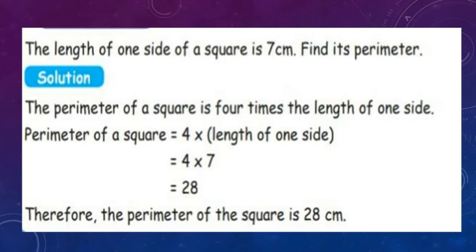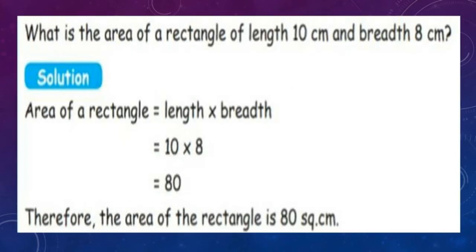So 4 into 7 centimeter. 4 sevens are 28. Therefore, the perimeter of the square is 28 centimeter.